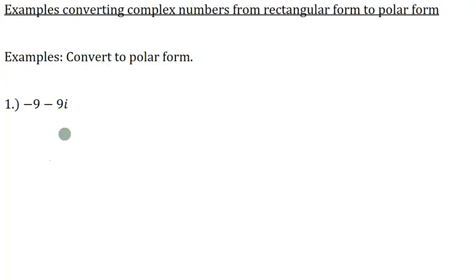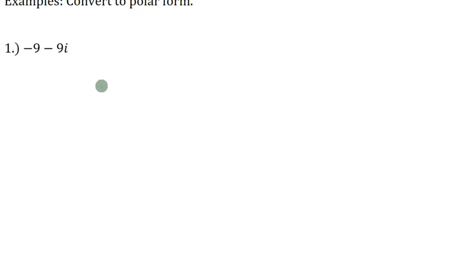So if I want to convert this to polar form, it might be good to draw a picture of it. So let's graph this complex number, my real axis, my imaginary axis. I go left 9 on my real axis and down 9 on my imaginary axis, and I get this complex number here.